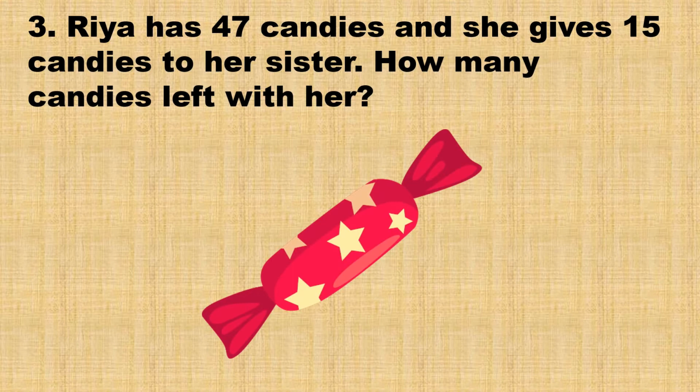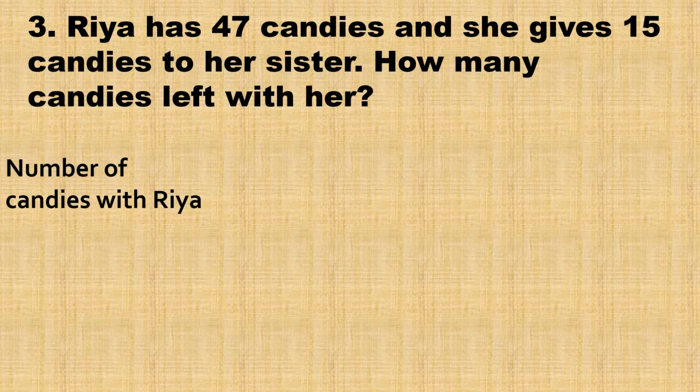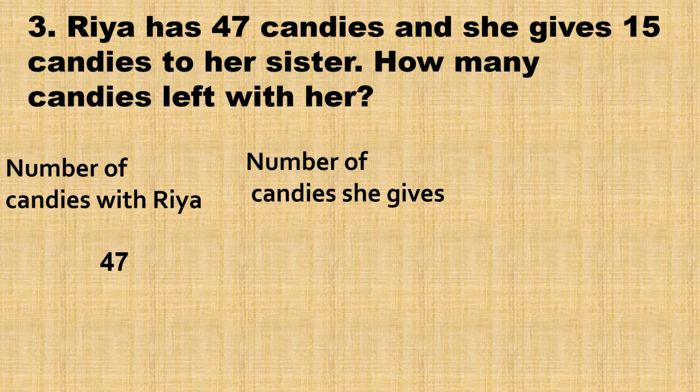Riya has 47 candies and she gives 15 candies to her sister. How many candies are left with her? So, number of candies with Riya? 47. Number of candies she gives? 15. So, this information is given.